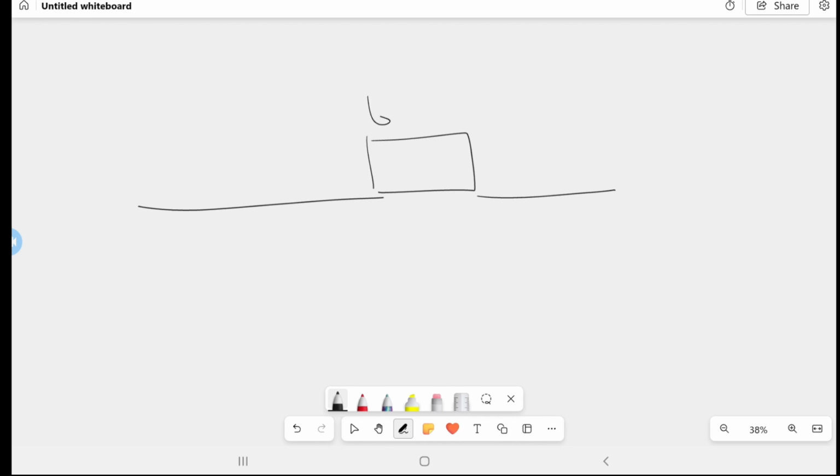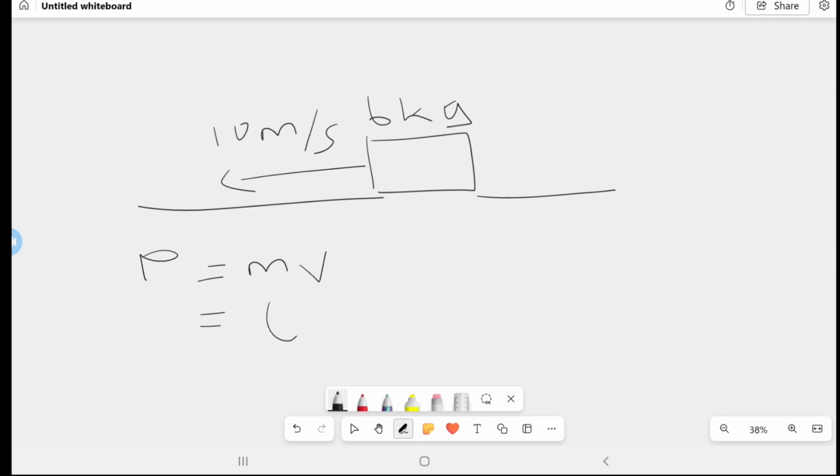This block is 6 kg, and it's moving with a velocity of 10 meters per second. Remember, no friction. We said momentum is P equal to mv. Our mass is 6, our velocity is 10, which gives us what?